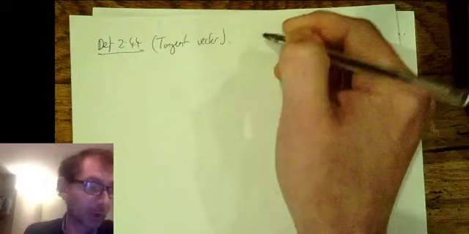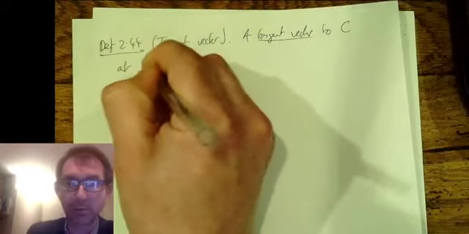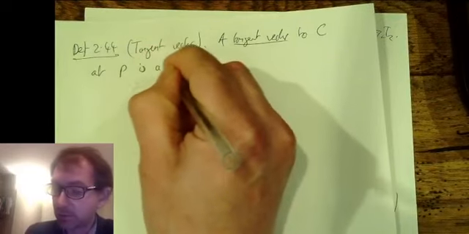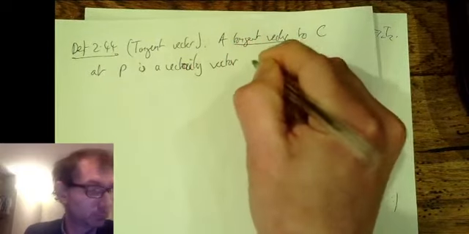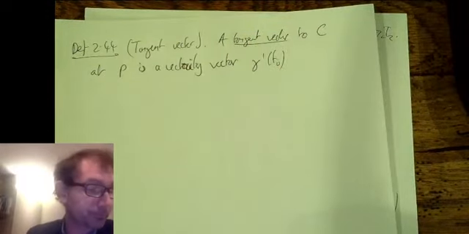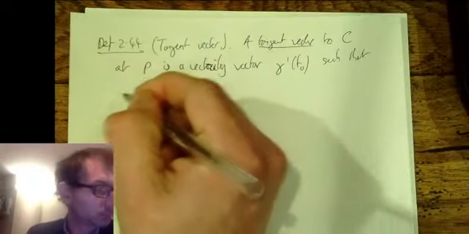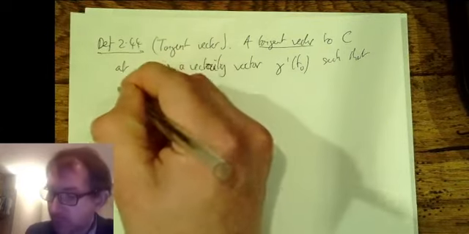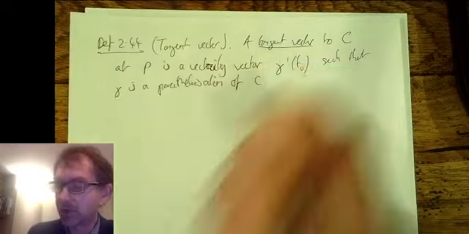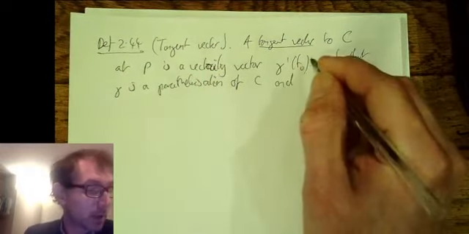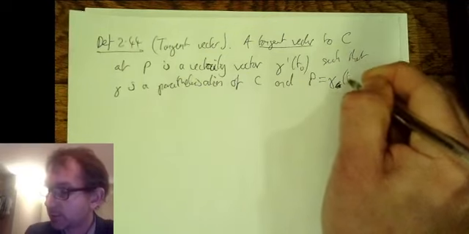A tangent vector to C at a point P is a velocity vector gamma dash of t0 such that gamma is a parameterization of C, and P is equal to gamma of t0.